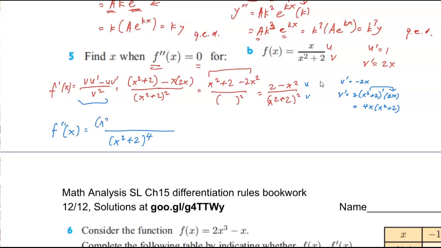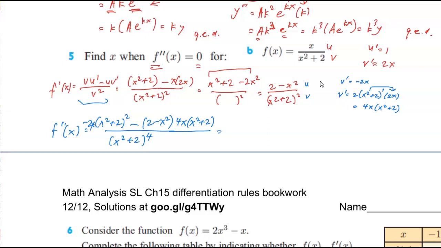On the top, I'm going to put just plain v times u dash, which is negative 2x. And then I'm going to put minus u, which is 2 minus x squared, times v dash, which is that mess. Okay, that's horrible.